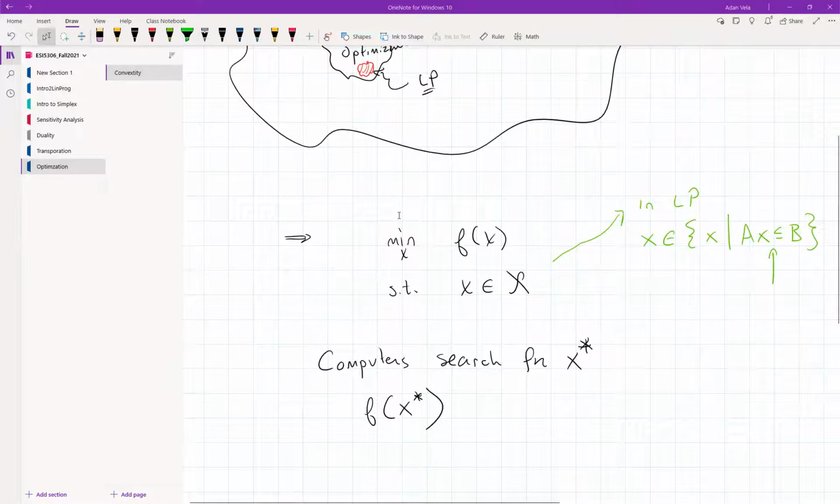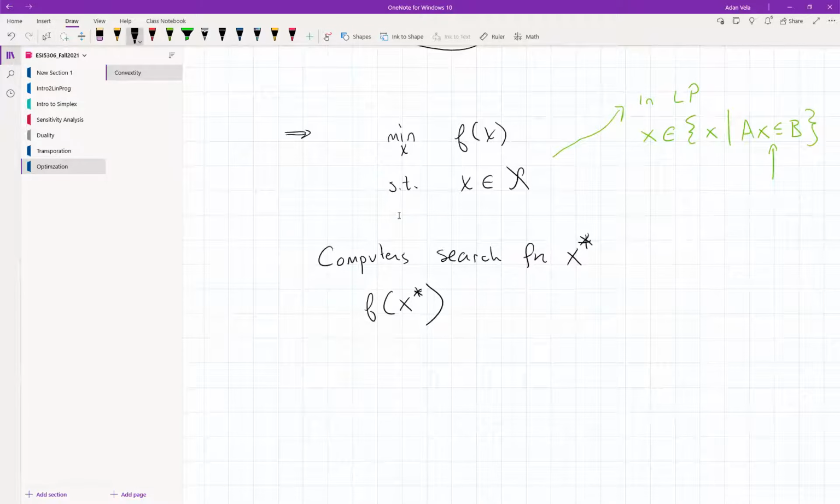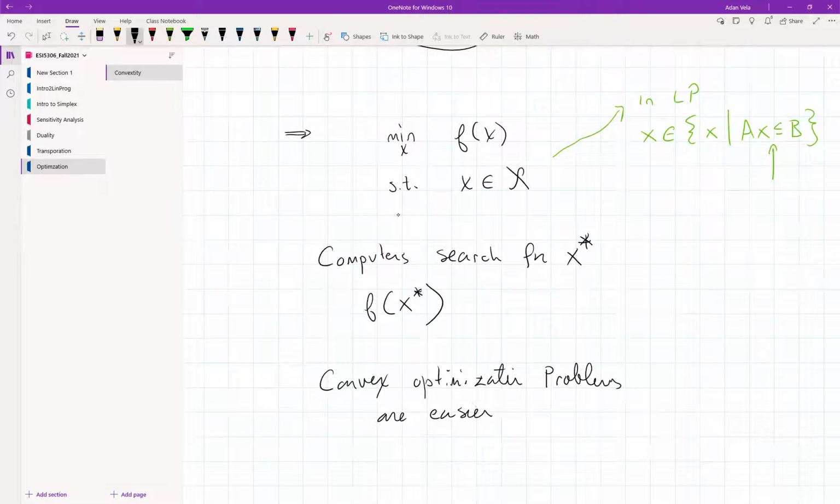Now, the thing about convex optimization problems is that they're actually easier for computers to solve. So what I want to do is give you a brief understanding of why that's the case. And we're going to just use toy examples that explain what's going on.